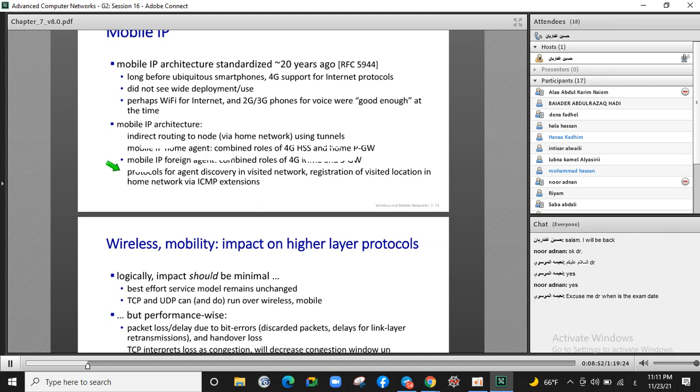In 4G, we have an HSS and home PGW, the P gateway, devices which play the role of the home agent. In mobile IP, we talked about the foreign agent. In 4G, we have the MME and S gateway, which are similar to the foreign agent.